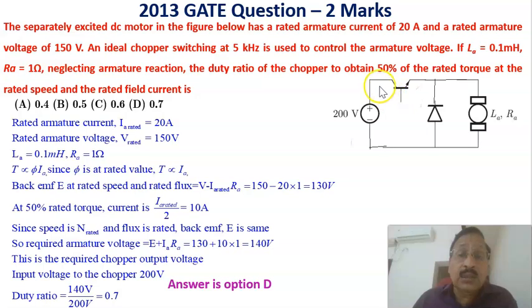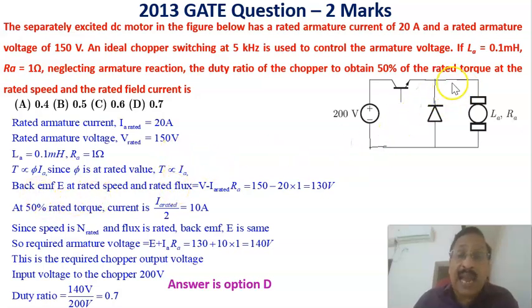The basic relation of torque, flux and armature current is torque proportional to phi into Ia. For a DC machine, torque is proportional to phi into Ia, but since it is a separately excited motor, the flux can be assumed constant, so torque is proportional to Ia. The torque produced by the motor is proportional to the armature current.